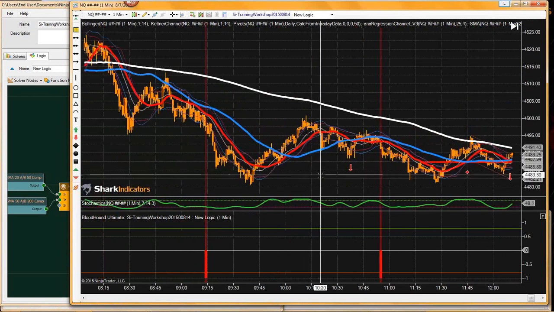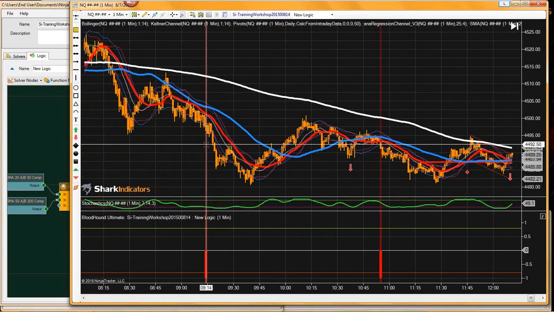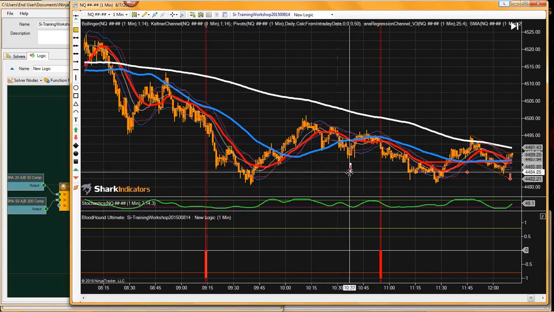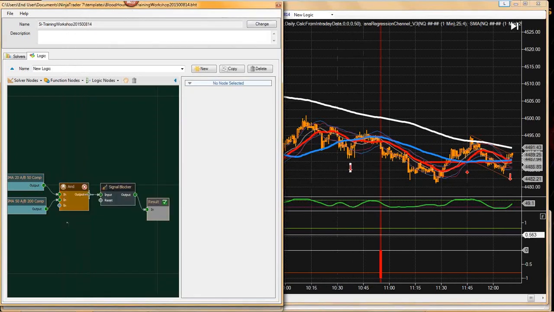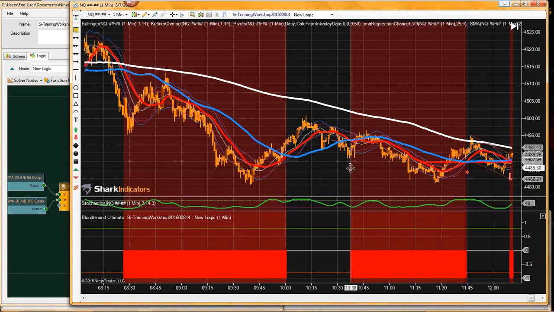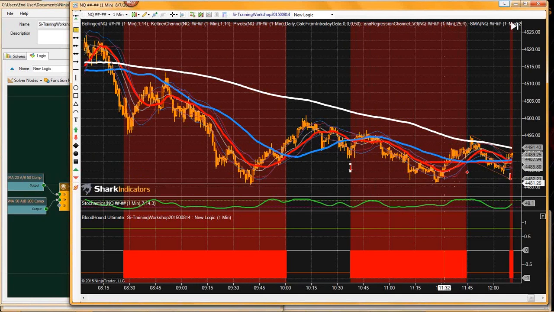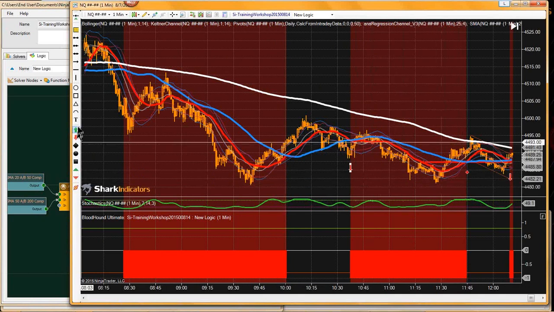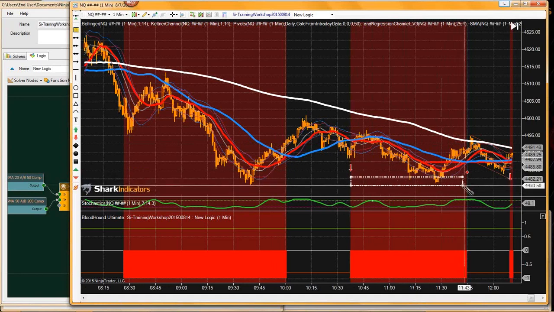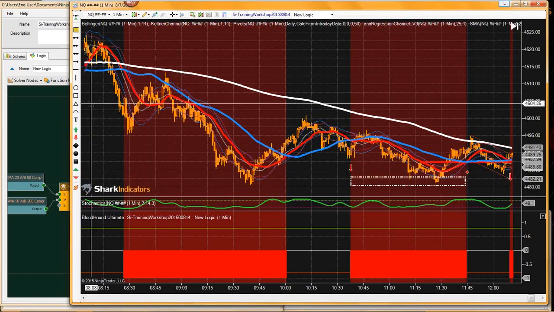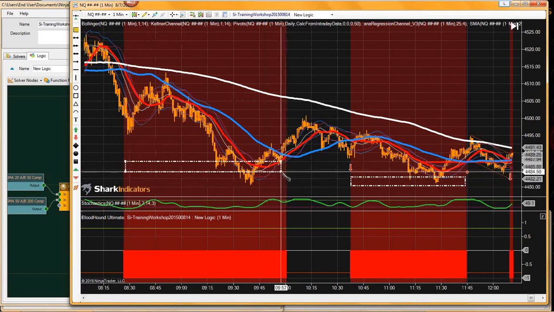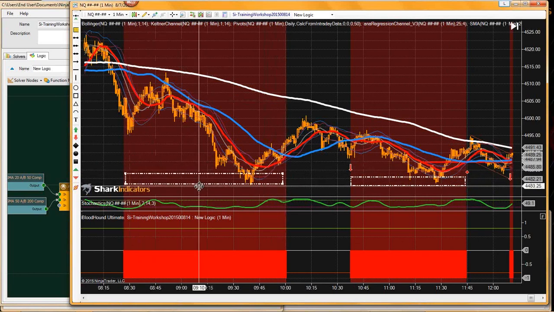So we started blocking over here for 100 bars, and it's still blocking, even though this is where we got another swath of signals coming in here, and let's just identify that, and let's identify this area.